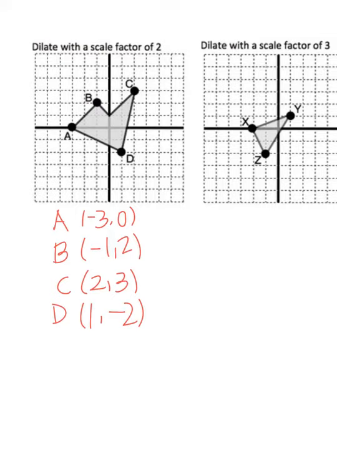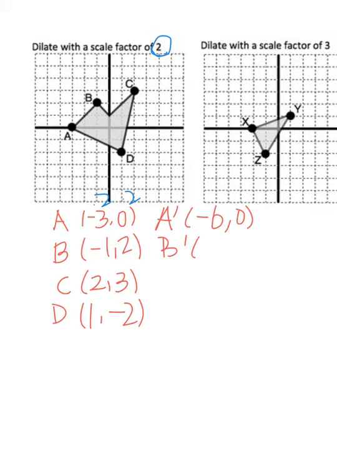So in order to find the new figure, all I have to do is take each of these x values and each of these y values and multiply them by the scale factor. Since my scale factor is 2, I just multiply both values by 2. So that makes my A prime -6, 0, because -3 times 2 is -6, and 0 times 2 is 0.